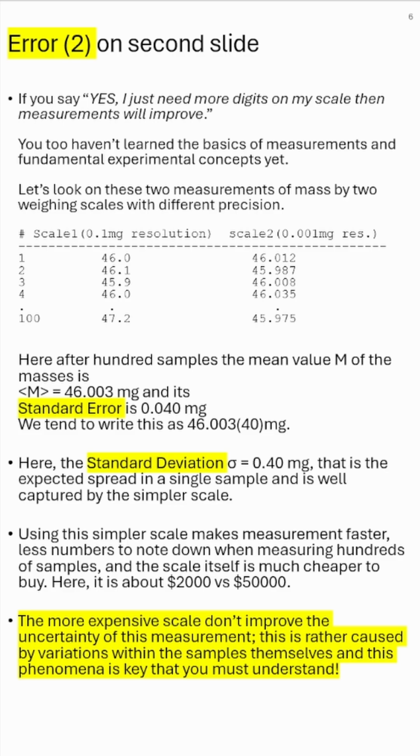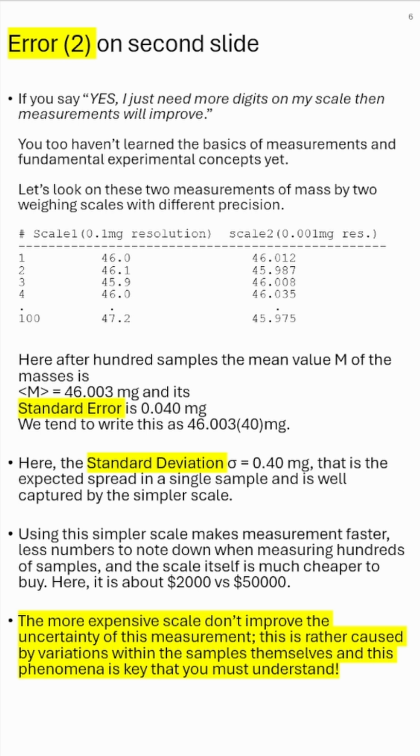So you need to choose where to spend your money here, right? But besides the money you invest, there is also the time. If you're going to take 100 measurements on a scale, writing down 3 digits for each measurement will take half the time compared to writing down 5 digits for each sample, right?